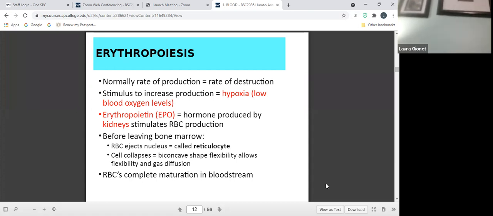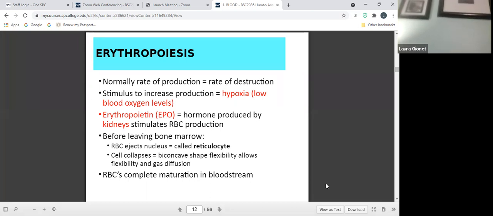During one of its last maturation phases, the nucleus is ejected from the red blood cell, so it becomes what's called anuclear. It's one of the few body cells that doesn't have a nucleus. That's your red blood cell, and at that stage, it's called a reticulocyte.